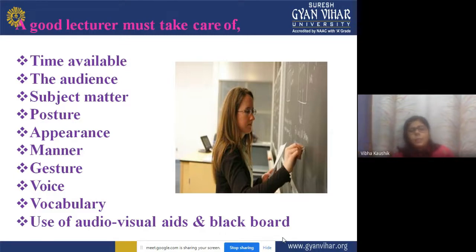It can be anything. Posture, your body language should be appropriate while you are giving a lecture. You should be energetic. Appearance, you should be well dressed. The manner in which you are addressing your students. Gestures, different gestures that you are using while delivering the lecture.